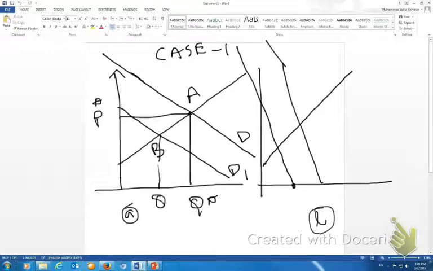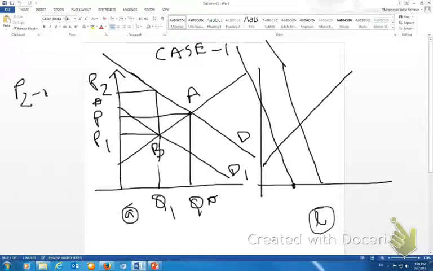So the new market equilibrium quantity is Q1, and the market equilibrium price that our producer receives is P1, but the price that our consumer pays is actually P2. So the gap between P1 and P2 basically is the tax that the government imposes.